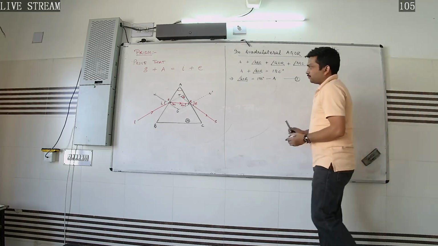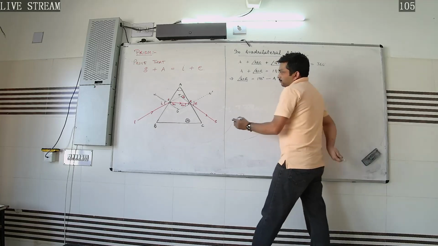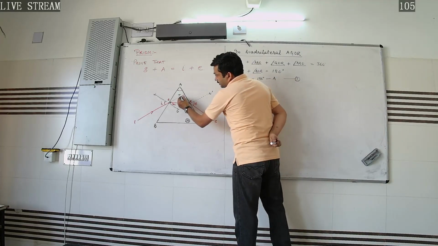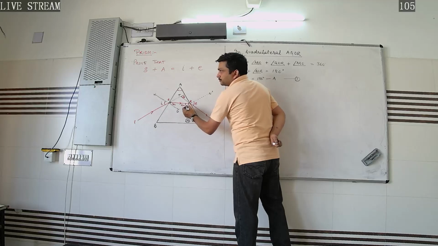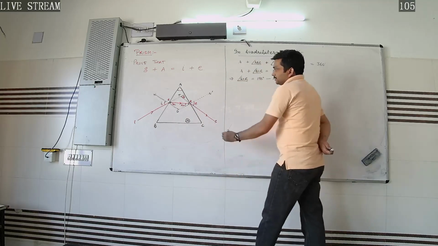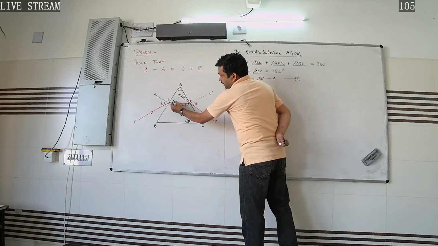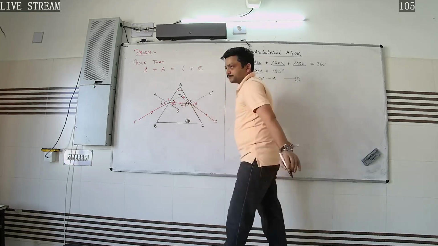In the next step, what we will do? Here we will consider this triangle, that is TQR. In this triangle we need this angle and this angle.